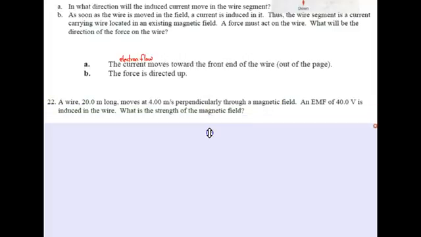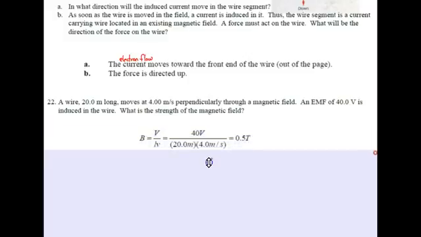All right, 22. A wire 20 meters long moves at 4 meters per second perpendicular through a magnetic field. An EMF of 40 volts is induced in the wire. They want to know the strength of the magnetic field. So we have L, we've got V, we've got EMF, which is the same as voltage, and they want the strength of the magnetic field, which is capital B. The equation that relates this is epsilon equals BLV.